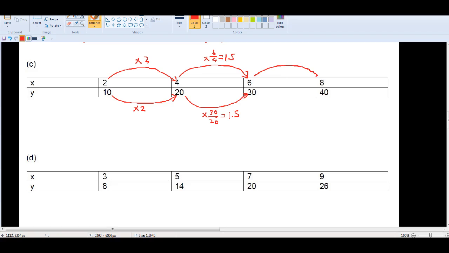Okay, so let's check the last one. So when you times 8 over 6, it is actually 4 over 3, or if you use a calculator, 1.3 recurring decimal.